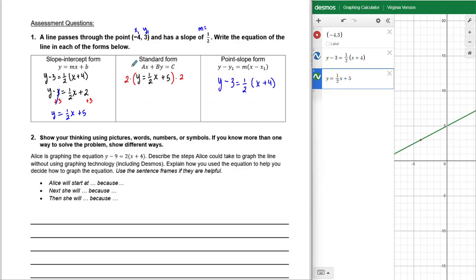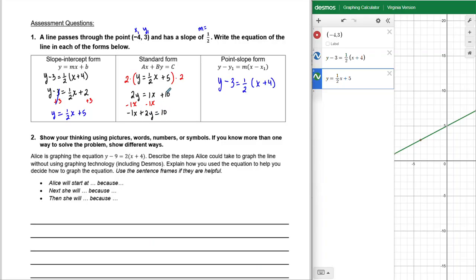So that's going to be 2 times y is 2y equals 1/2 of 2, that's just 1x. 5 times 2 is 10. And then we're going to take the x term over. So subtract 1x on both sides of my equal sign. They're not like terms, so that's just going to be negative 1x plus 2y equals 10.